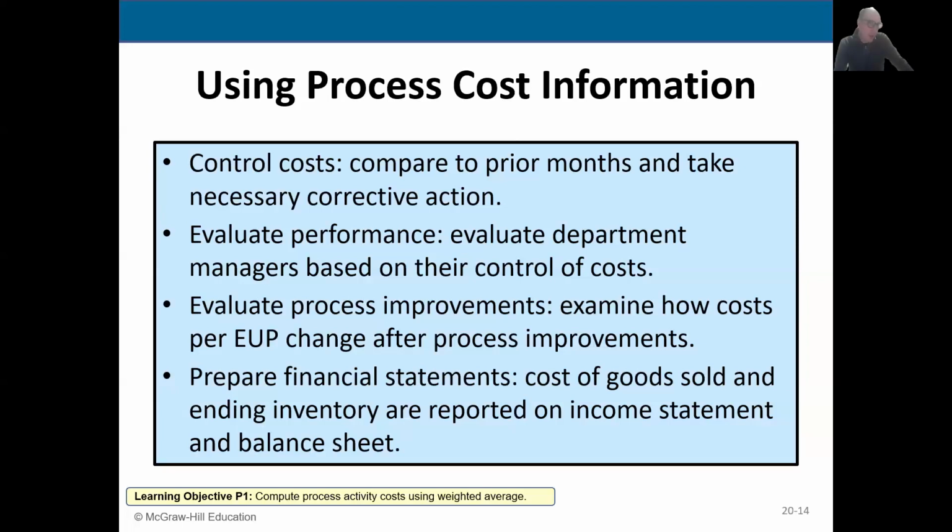The second reason why process cost information is used is to, of course, evaluate the performance of management within each department. How well is the manager of that department controlling their costs? In addition, of course, controlling costs, one of management's responsibilities for each department is to budget.